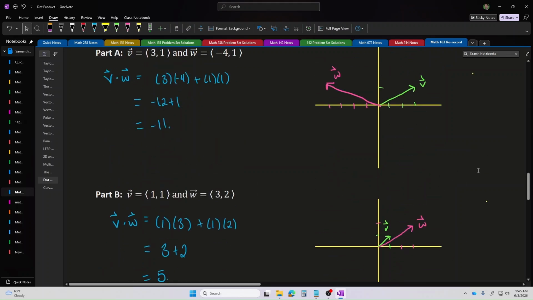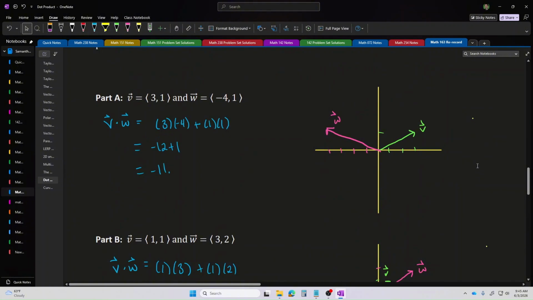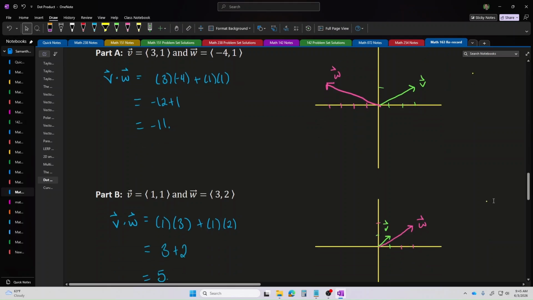So let's take stock. In the first example, our v and our w were mostly opposed to each other. The angle between the vectors was quite large, so the vectors v and w pointed, roughly speaking, in opposing directions.